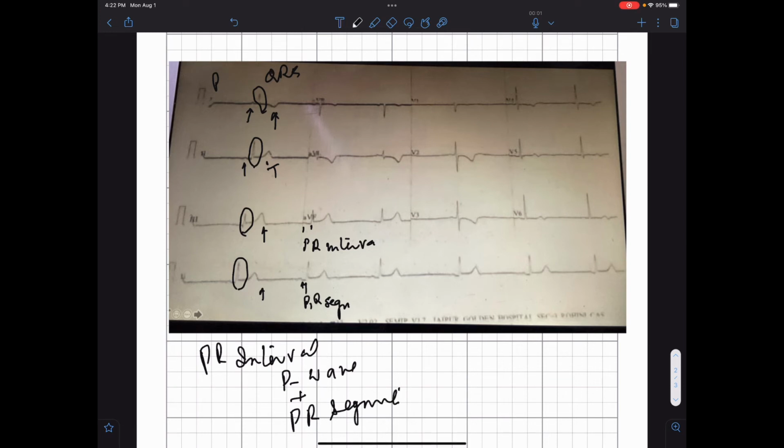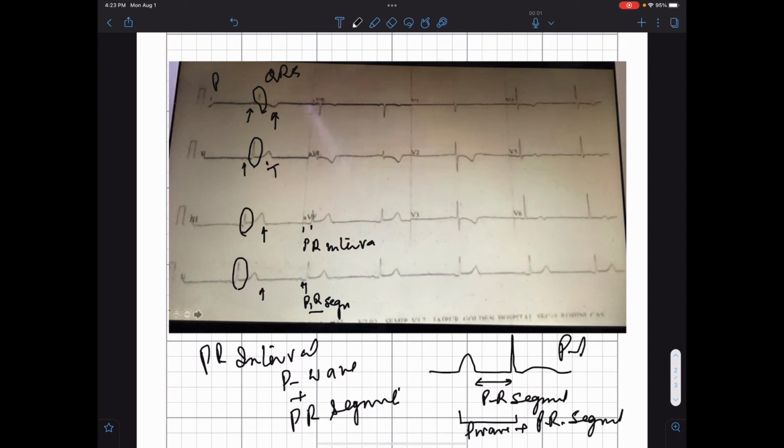A segment is between the two waves, so this is the area which is known as the PR segment, and the interval is one wave plus one segment. So P wave plus PR segment is the PR interval. Now this is important because we'll be discussing this in the subsequent lectures.